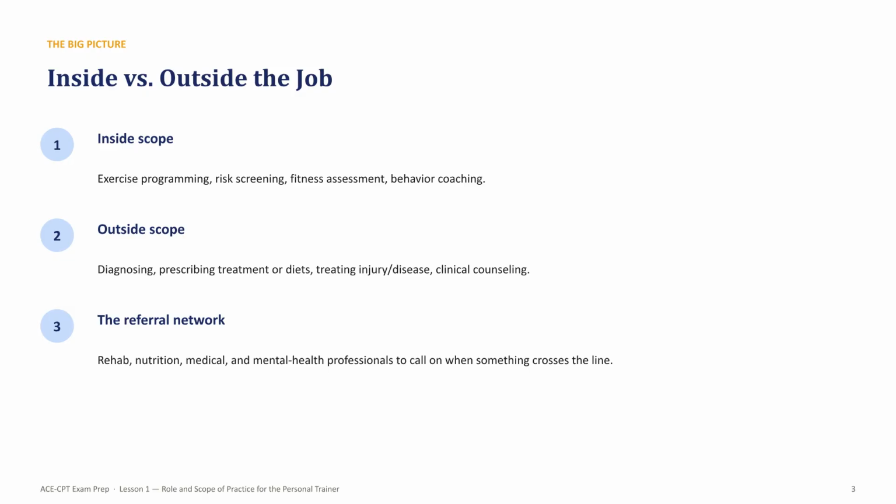These are not your job, even if a client asks for them. And number 3, the referral network. This is your list of rehab, nutrition, medical, and mental health professionals, the people you call on the moment something crosses that line. Hold on to this framework: inside, outside, and referral, because we're about to break down each piece.